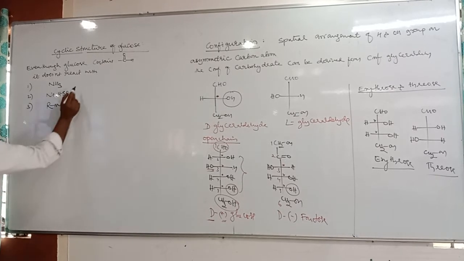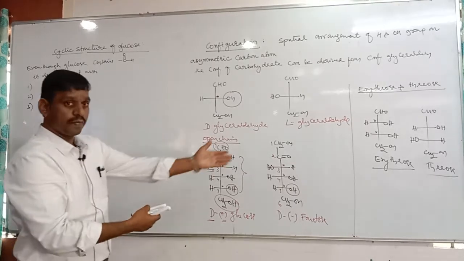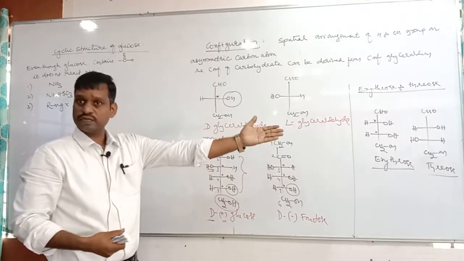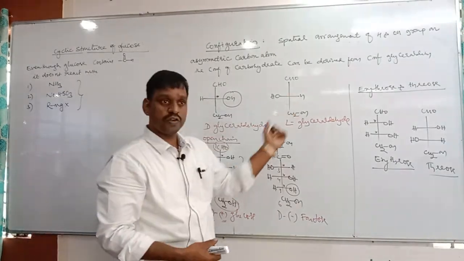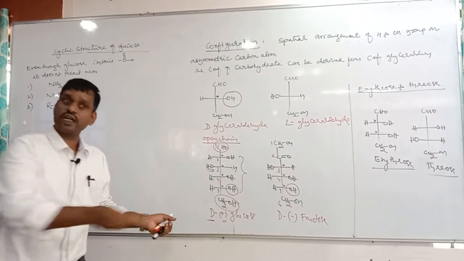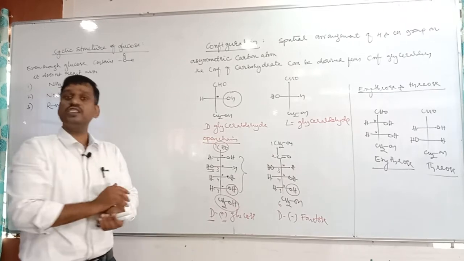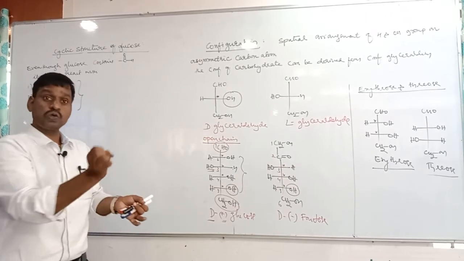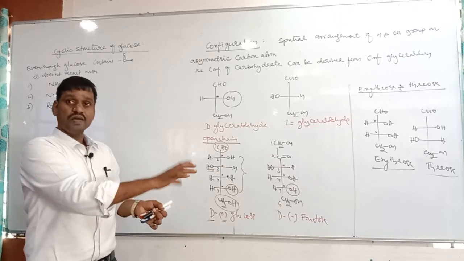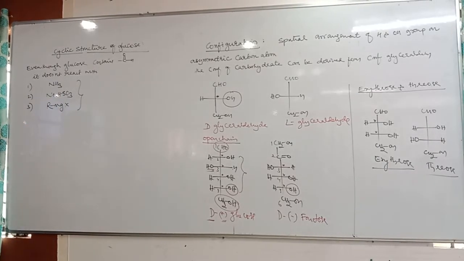Okay, now tell me, these three indicate that glucose does not contain an aldehyde, because we have studied that glucose reacts with Tollens reagent, glucose reacts with Fehling solution. If glucose does not contain an aldehyde group, how could it react with Tollens reagent? How could it react with Fehling solution? But glucose contains an aldehyde group. But if glucose contains an aldehyde group, it should react with these, no?